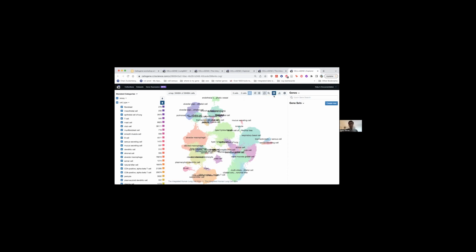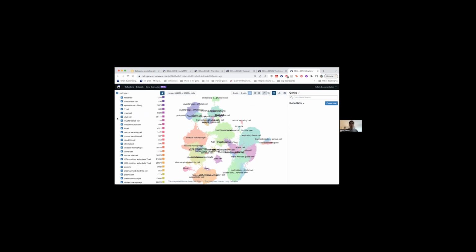In this case, I just clicked on it, and it will essentially show all the different labels that I have here on the left side bar on top of each of the categories. When we have a lot of cell types, as it is in this case, you'll see that it can get a little bit crowded, which is why we have it by default as off. But it's a good way to get an idea of the distribution of cell types that you have.